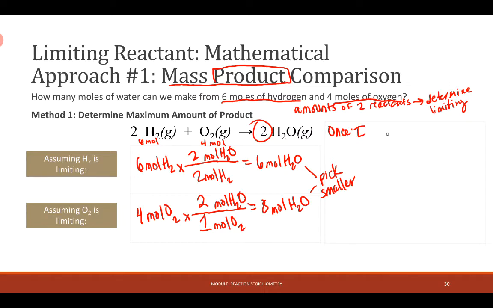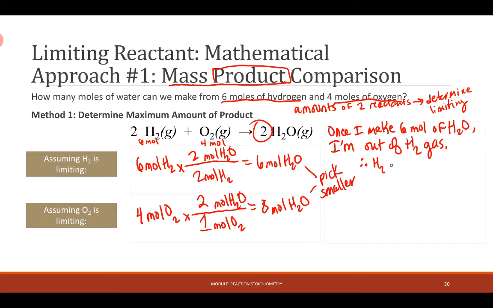So the logic here is the most important part. So let me write that out. Once I make 6 moles of H2O, I'm out of H2 gas.